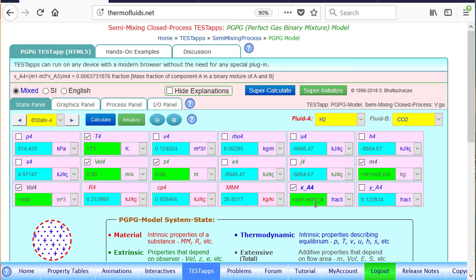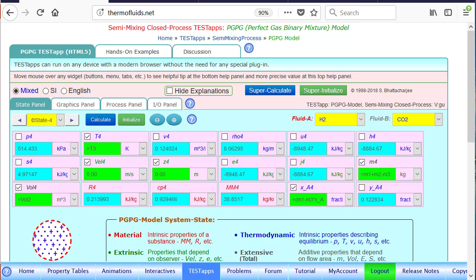To check the equation, you can put the pointer over it and take a look at this location. Always remember that when you put the pointer over any variable, more information is supplied: you can see the formula as well as the value displayed there. So now we have already found the pressure of both tanks.